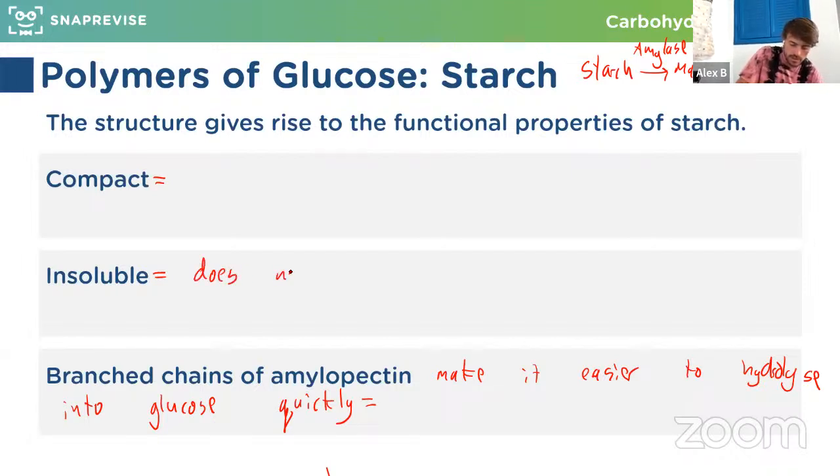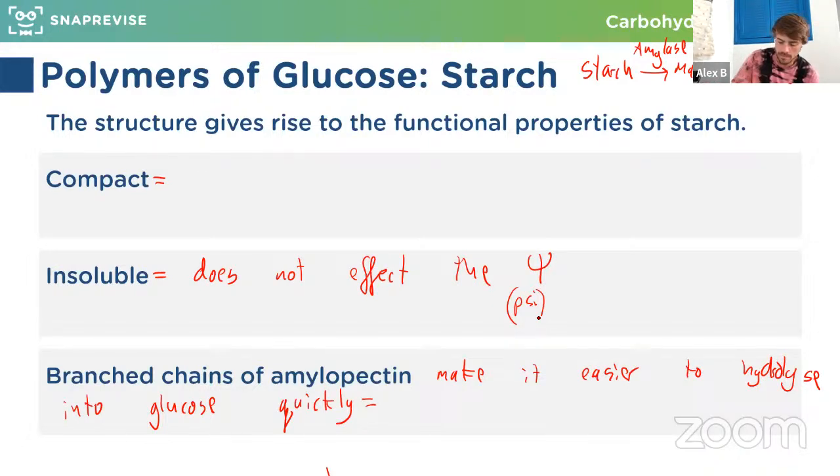Does not affect the water potential. Hopefully you guys are familiar with this. This looks like a trident. It's actually the Greek letter psi, but it's used to mean water potential. Don't know why they chose that letter.